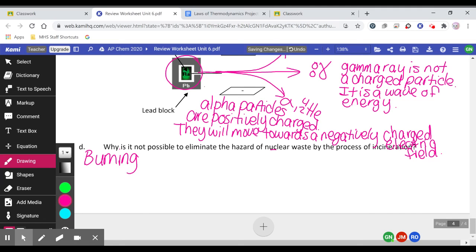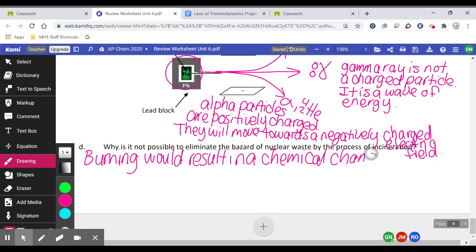Okay, so burning would result in a chemical change, which affects the electron cloud, or the electrons, right?